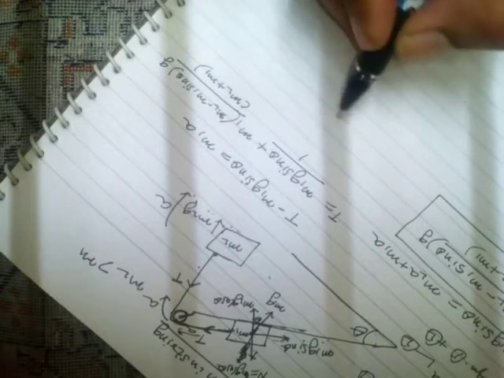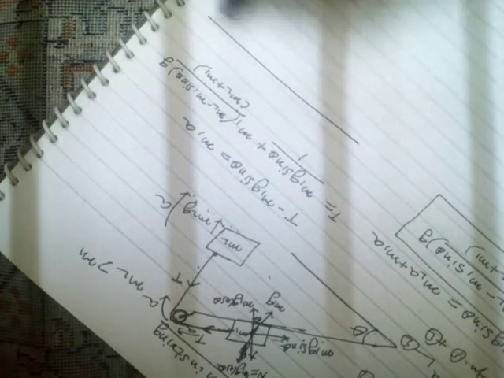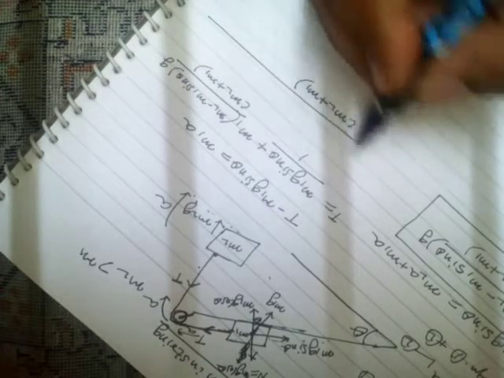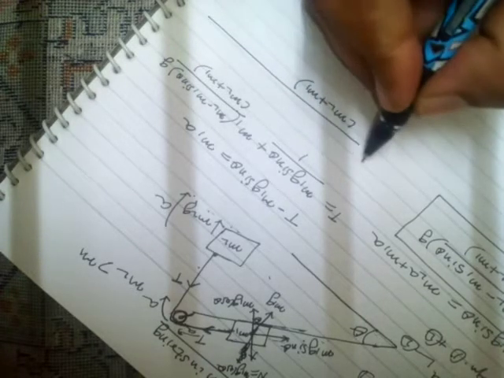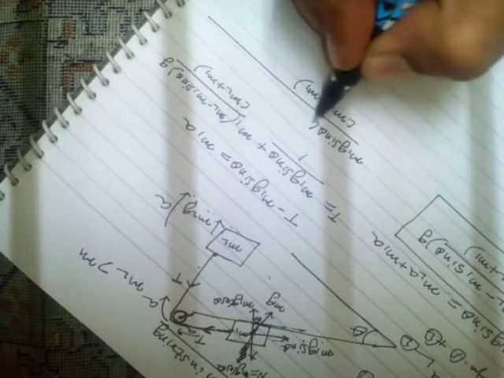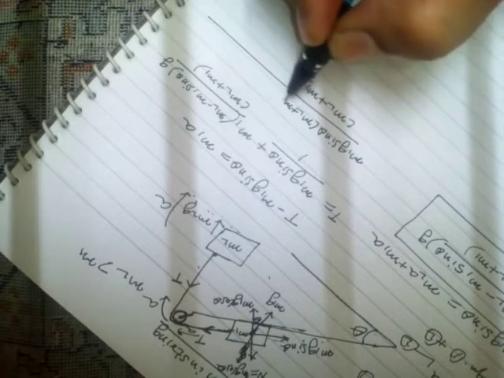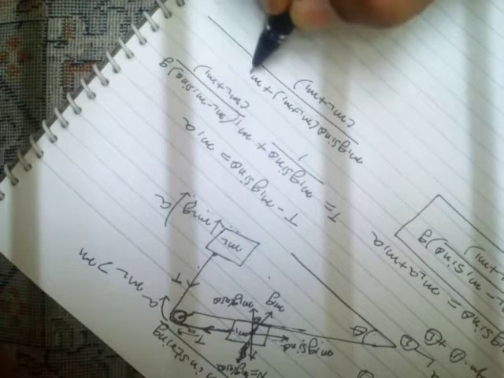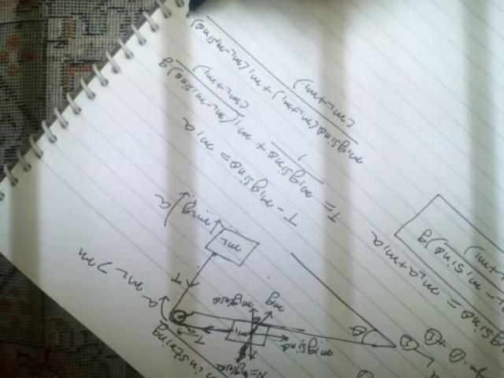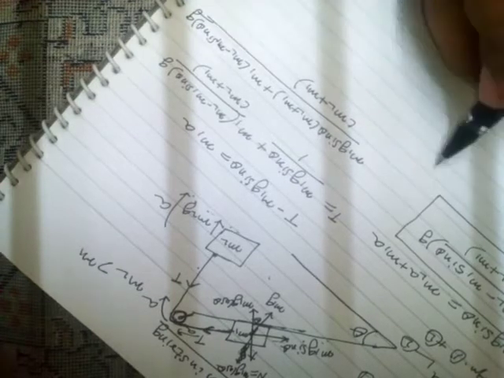Take the LCM to add. LCM would be m2 plus m1. So this would be m1g sin theta into m2 plus m1, and this would be m1 into m2 minus m1 sin theta, g. Solve them.